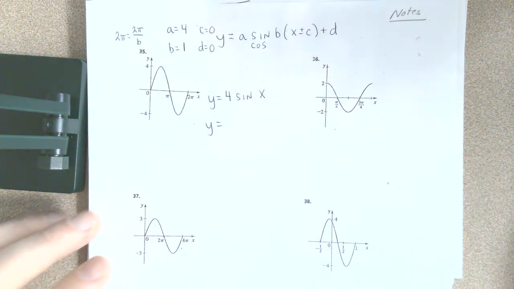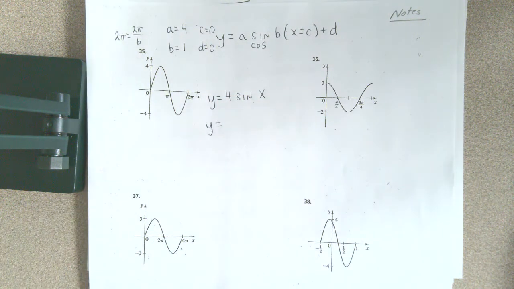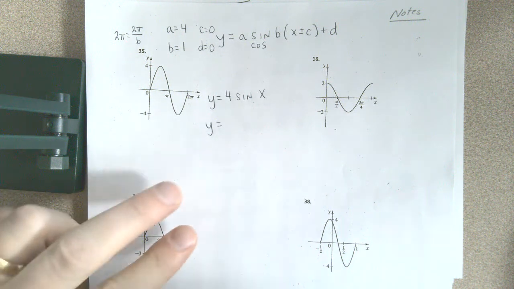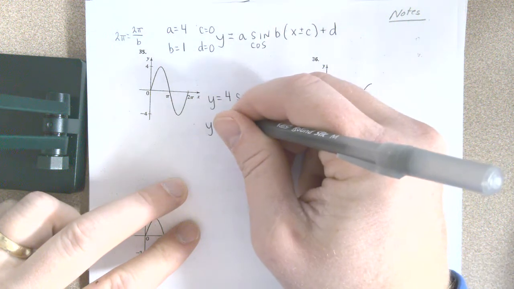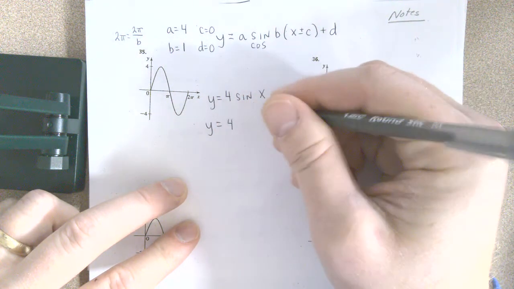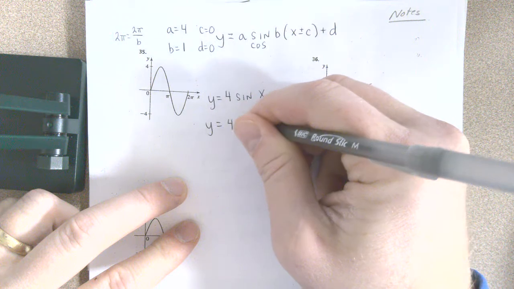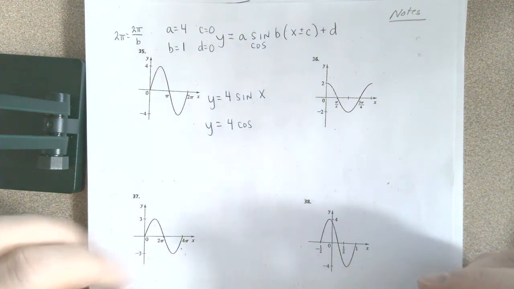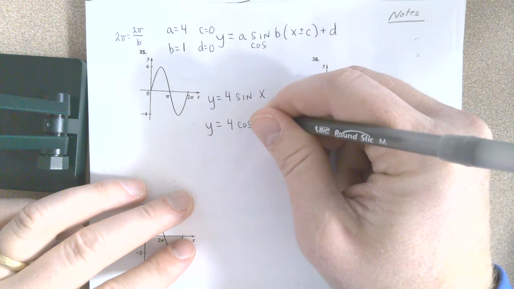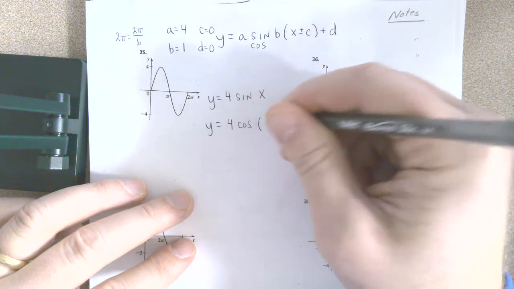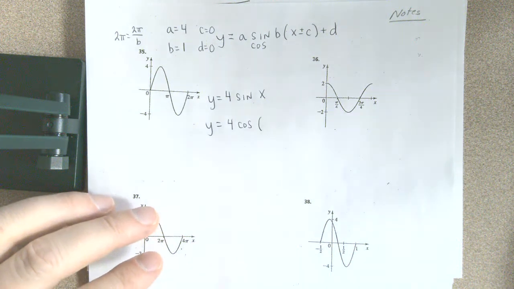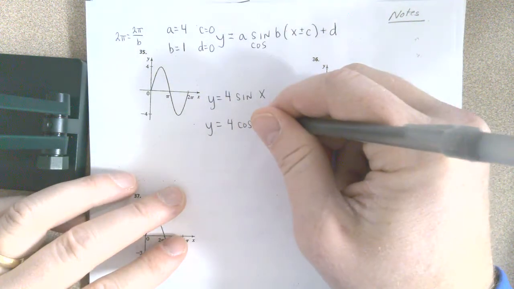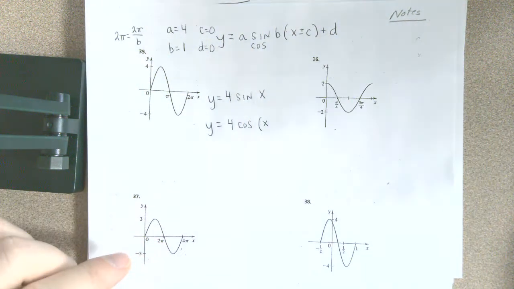We're also going to write the cosine. So we're going to write both curves here. Again, we're still at 4. Now we're doing cosine. Again, the b value is 1, that's going to go out in front. Now to start on the cosine, remember the cosine is my U shape.